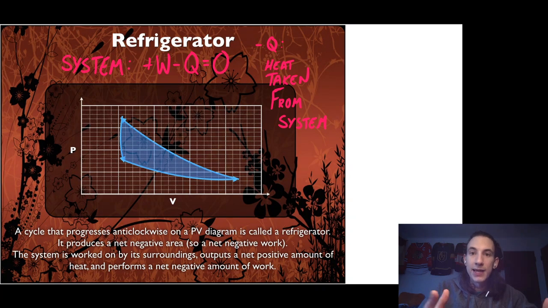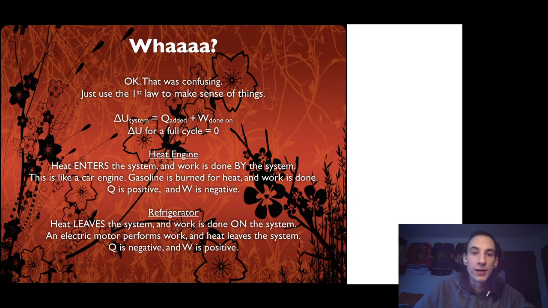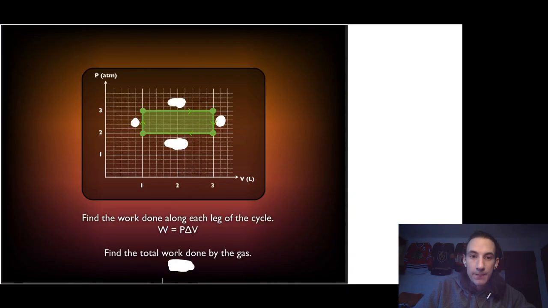Using the first law of thermodynamics again, we have a positive work, so in order to get the total change in internal energy throughout this cycle equal to 0, we have to have negative Q. So heat is taken from our system, and that's a refrigerator. It's kind of cool how we can think about the direction of this and how it relates to our first law of thermodynamics, keeping in mind that the change in internal energy for a full cycle has to equal 0. So that's a lot, but yeah.